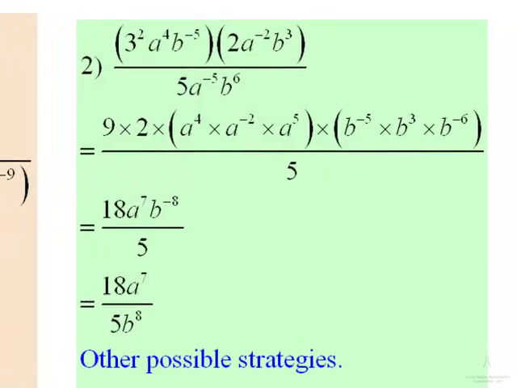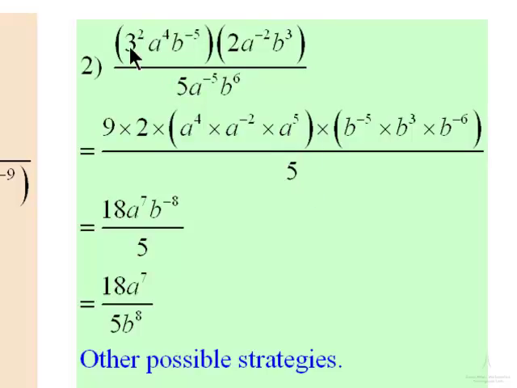In the second example, remember, there's more than one way to solve this particular problem, as long as you stick to the rules. So what I've done is I've isolated the numerical coefficients. So it's 3 to the power 2, or 9, multiplied by 2, and divided by 5.